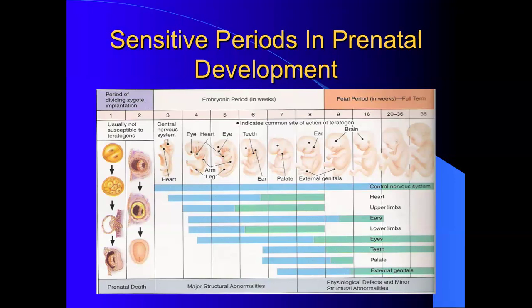So that's your primary development. The green is the polishing off or the finishing up of the development of that process. And what we notice is the brain, the central nervous system, develops all the way through birth. So there are other effects that can happen even after week 8. But the most pronounced effects are during the embryonic period because so much is happening.